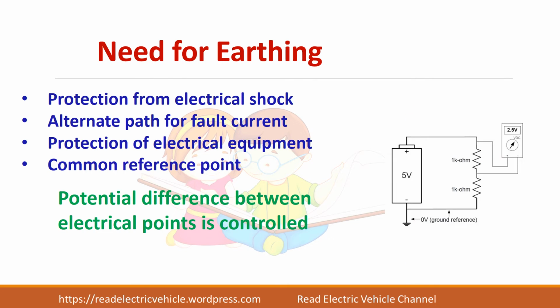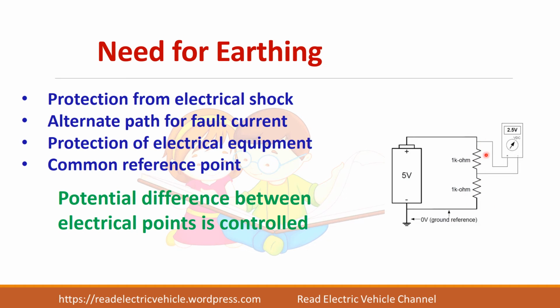In industries, each equipment might be operating at different voltage levels. So it is necessary to have a common reference point so that the potential difference between the electrical points can be easily controlled. Let us see this picture where I want to measure the voltage across this resistor as well as this resistor.